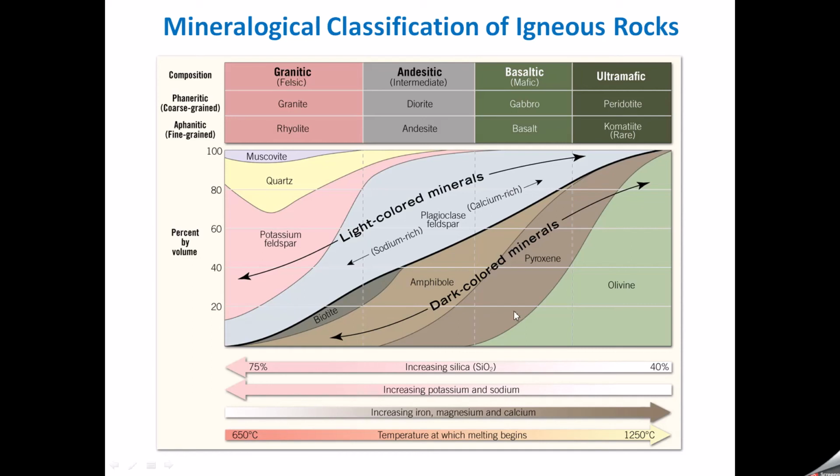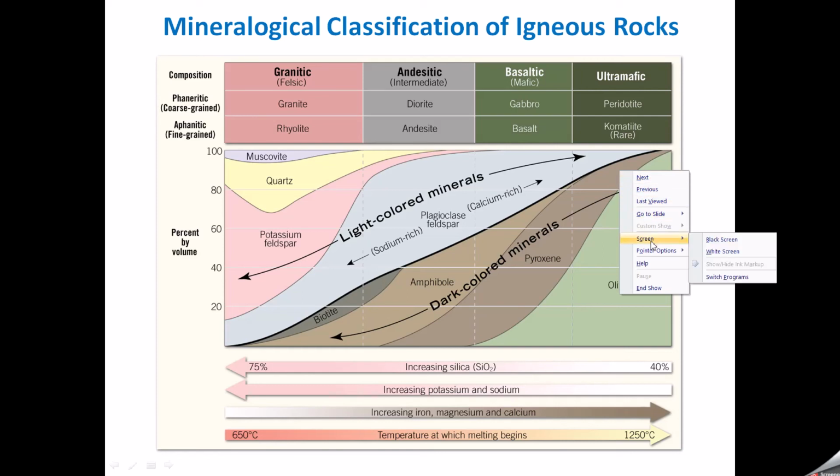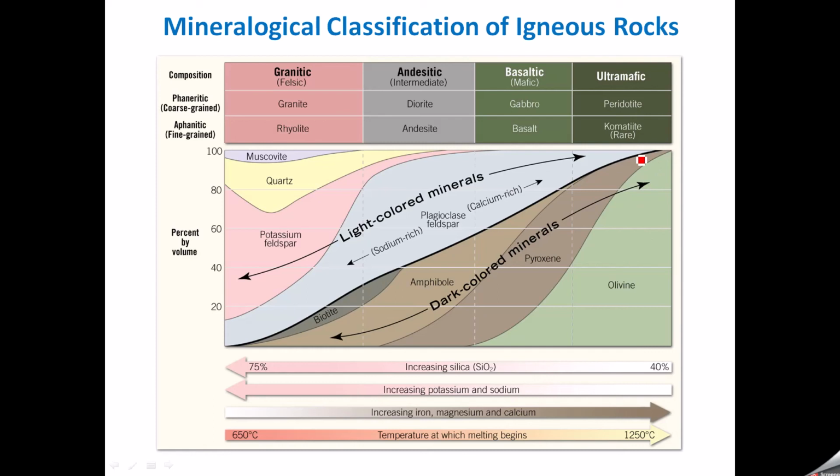Okay. Now, if I want to know the composition of any ultramafic rock here, what I do is take the pointer, red. Okay, let's say my rock has this composition.